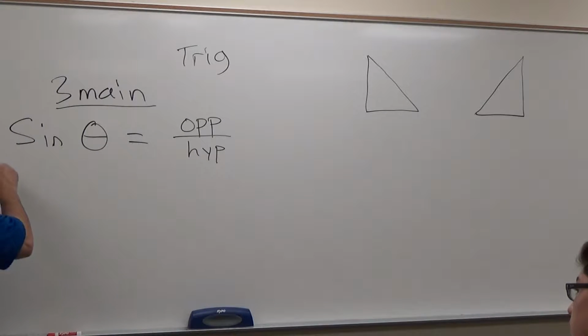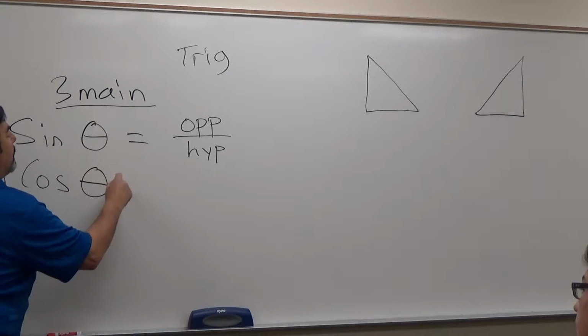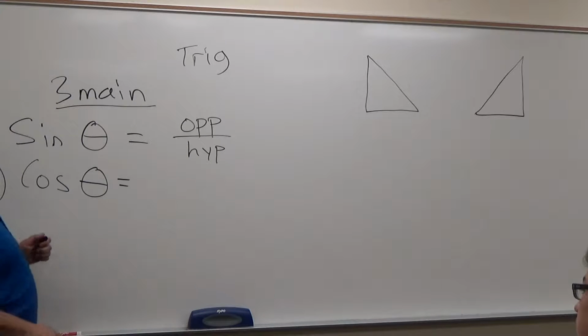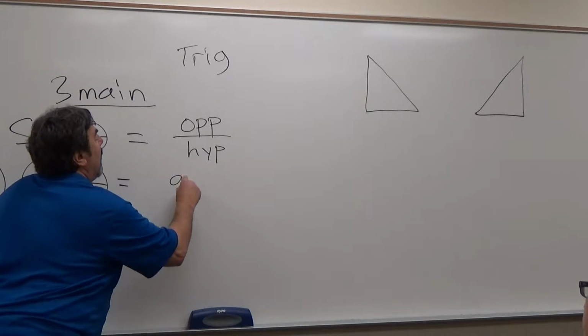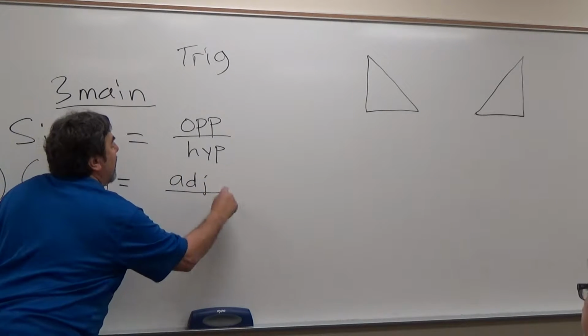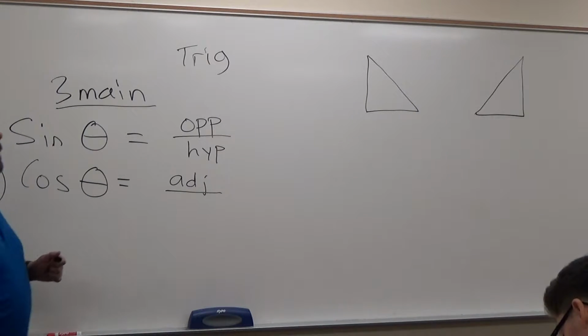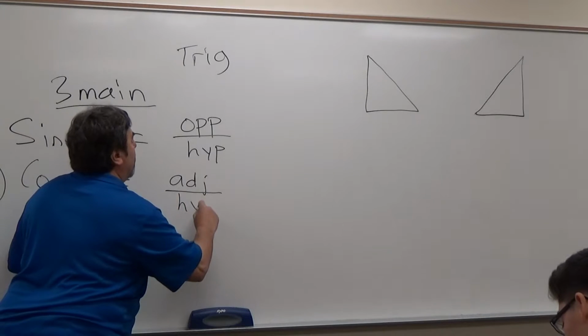The second one is the cosine, and this is written cos, but it's read as cosine. It looks like cos, but you're going to read it as cosine. This is short for cosine. So this is the cosine of theta, and the definition of cosine is adjacent, ADJ, the abbreviation for adjacent, which means next to, over the hypotenuse.